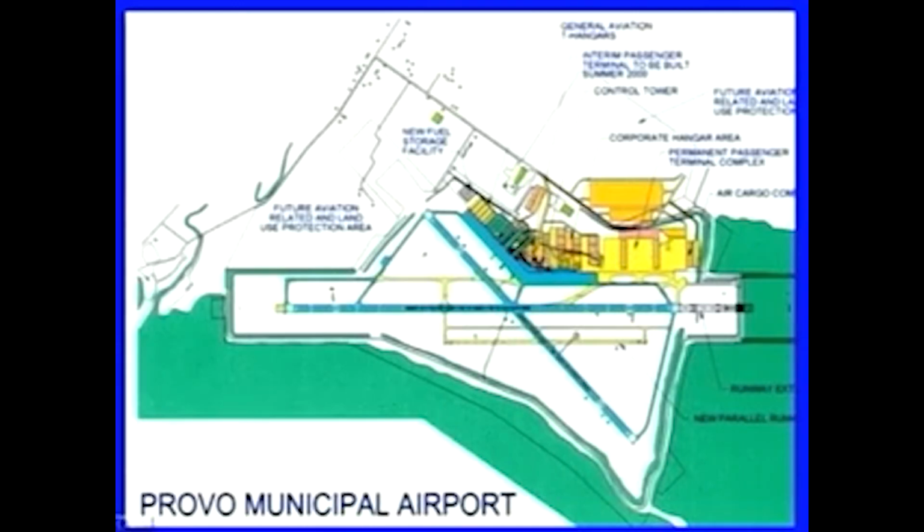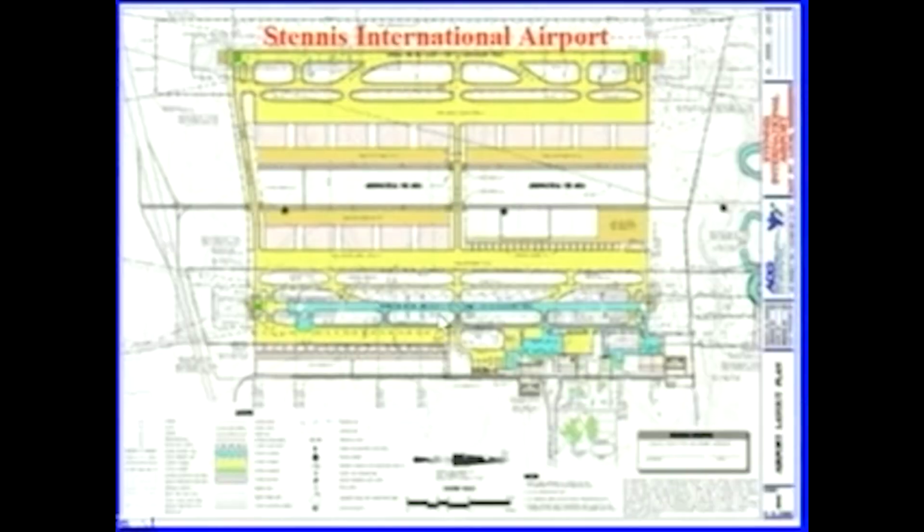These are the air cargo commodity center where cargo can be controlled or processed, and then there is a permanent passenger terminal complex to come up in this location, and then there is a corporate hangar and other general aviation hangars being provided at this location. This is the apron area. This is the fuel storage facility provided very near to the hangars. These are the hangars. So, these are the things which can be provided in this form on any airport, and some of these aspects we have already discussed.